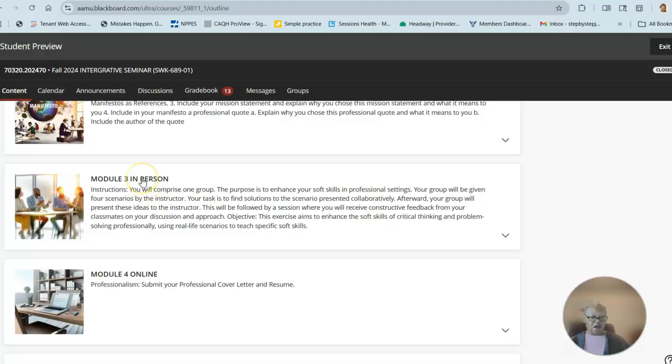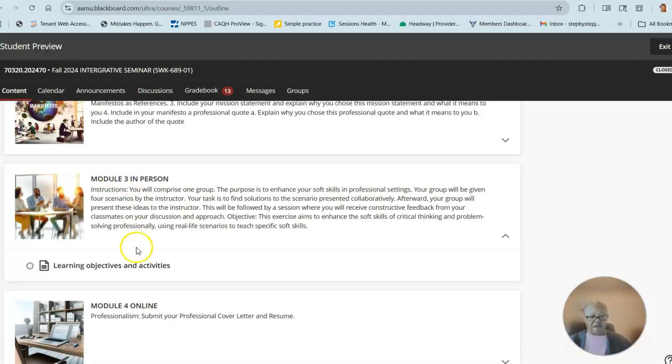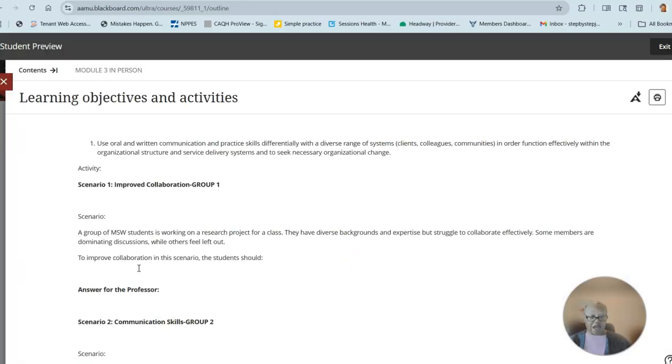This one is an in-person class where we'll be focused on soft skills. So we'll be looking at different case scenarios and how you would address them.